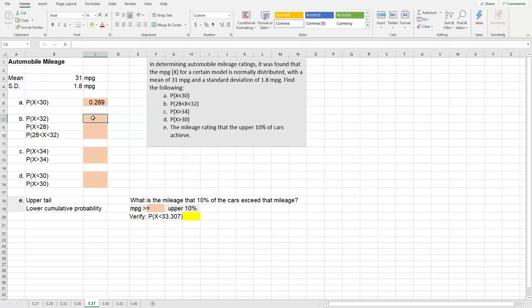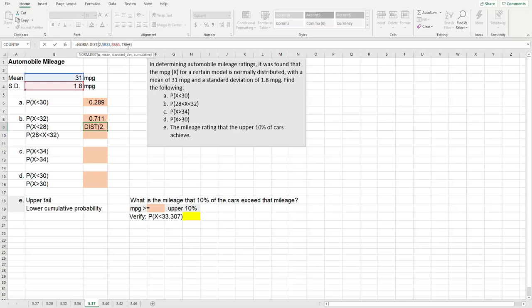In the second question, it asks us to find the probability of being in between 32 and 28. So now to solve that, we would first find below 32. Like before, we can simply copy this and then change the 30 to be 32, and then drag this down and simply change the 32 to now be 28.